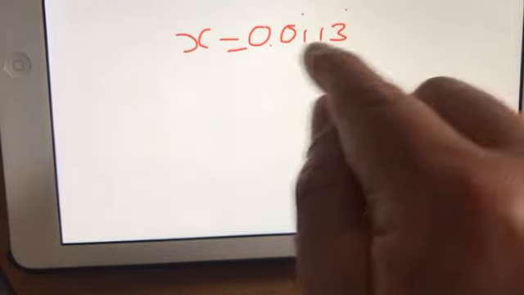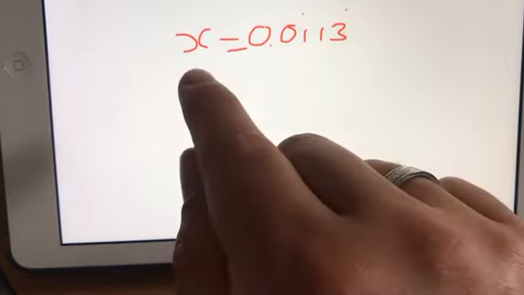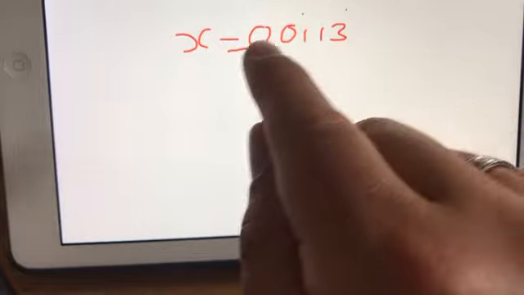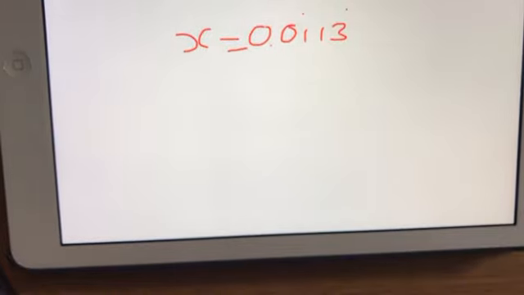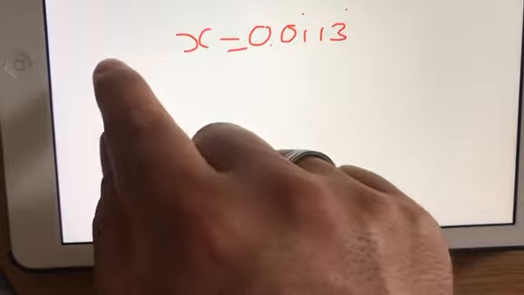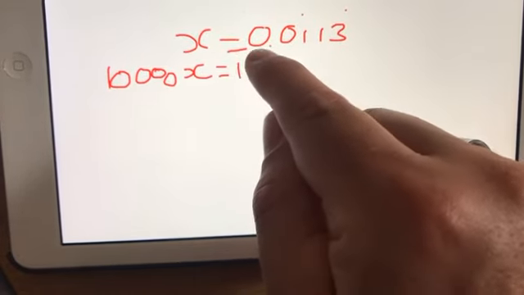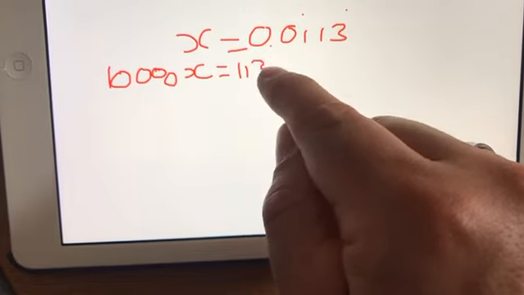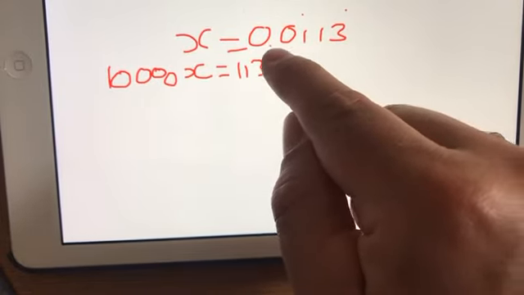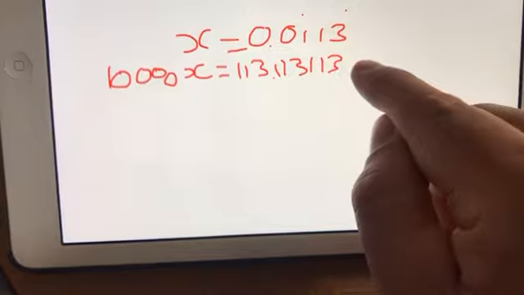Now this time is a little bit of a bigger one than normal. That's why I was on the A star bit. To get that 3 over the decimal point, I'm going to have to times by 10,000. So 10,000x equals 113.113113, and that goes on all day.